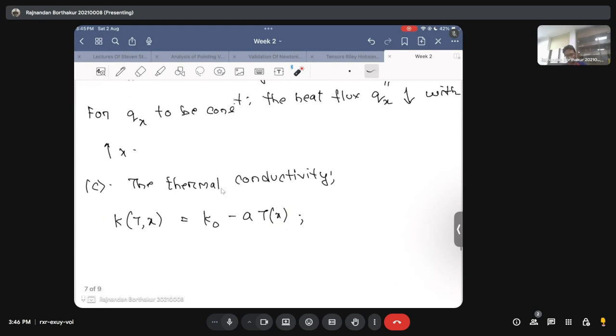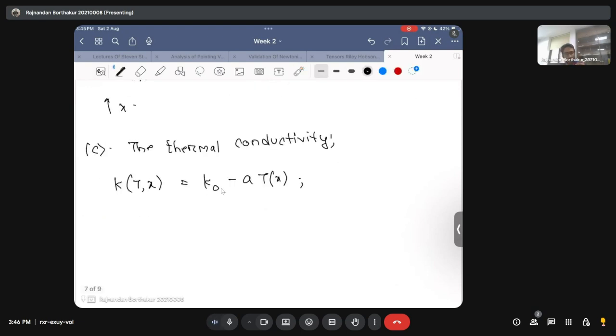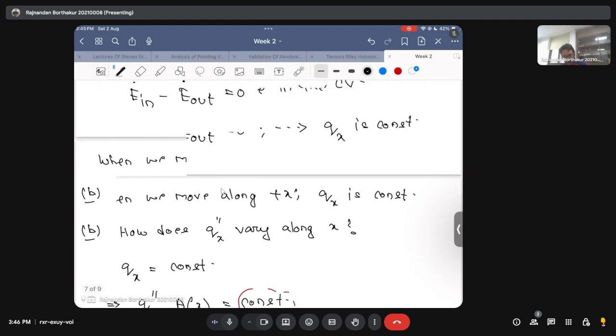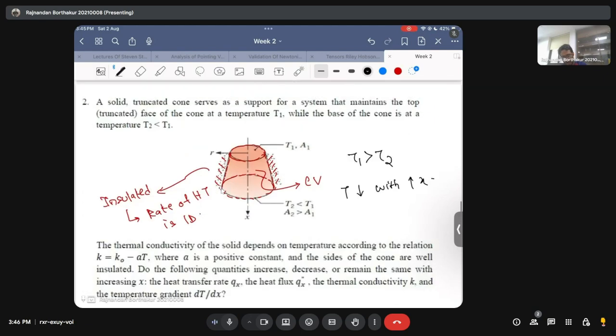Okay, all right. So now, in order to evaluate how your thermal conductivity will vary along the plus x direction, we just need to see how my temperature varies along the plus x direction. And that is straightforward, right? Because we know that T2, the temperature at the bottom face of the cone, is higher than T1, which they have already said to us.